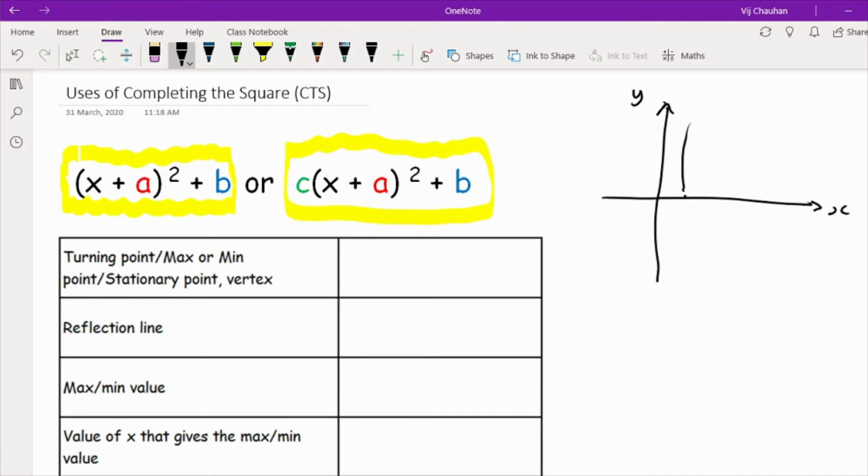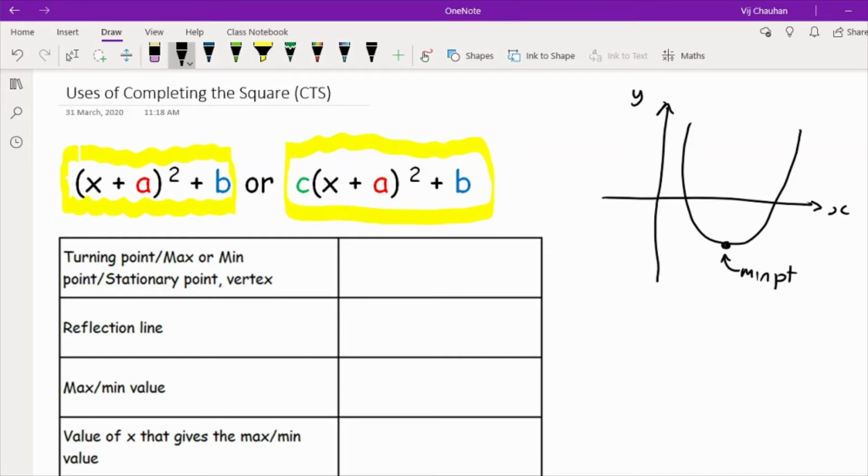So if I was to draw a quadratic curve, here we've got a positive parabola, so this point here would be my minimum point, and it also can be classed as the vertex. It can also be classed as a stationary point, because at that point the gradient is 0. We'll look at this more in detail when we look at differentiation, but with regards to completing the square, it would be classed as a stationary point or a vertex or a turning point.